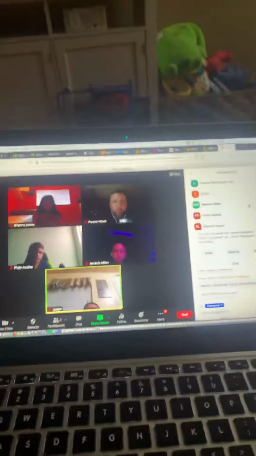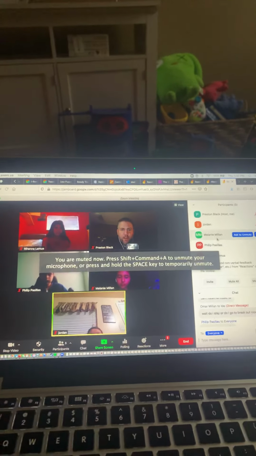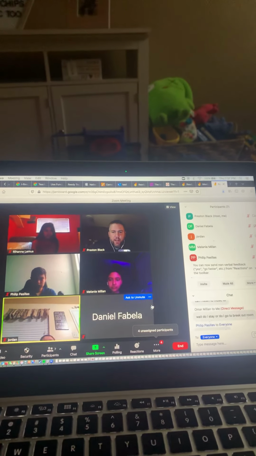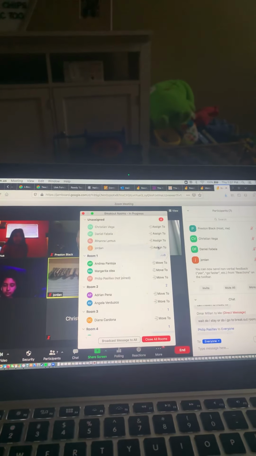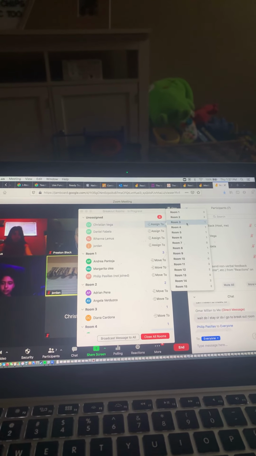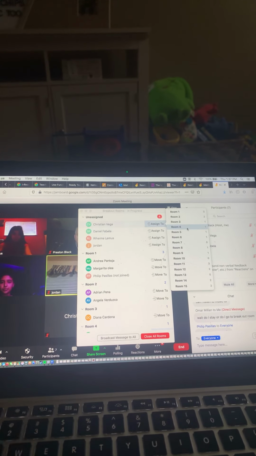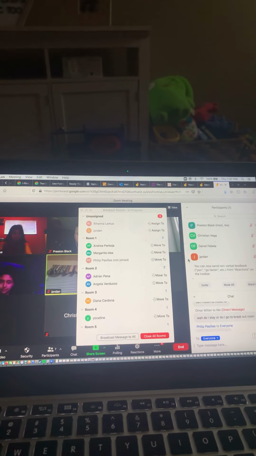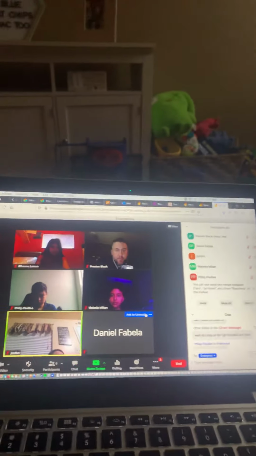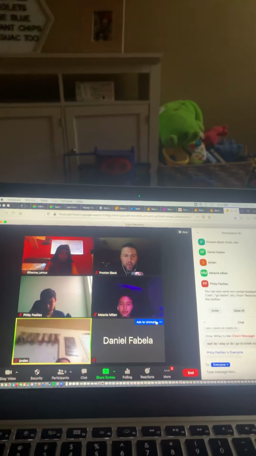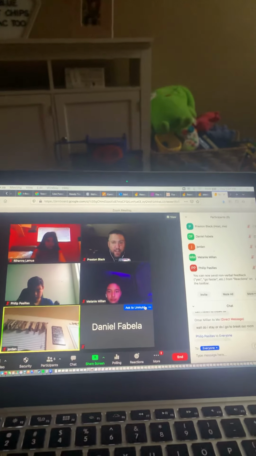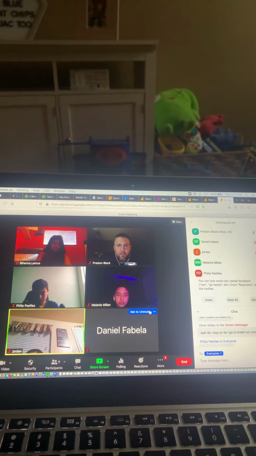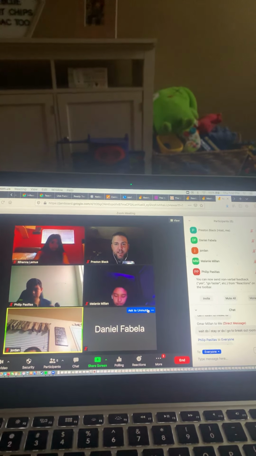So the Jamboard is something that I've been using in my classroom for about a month or so, and it really gives the learners a way to share their learning in real time without having to come off of mute and share out, because at least in our district, I found it very hard to have the learners not lag.